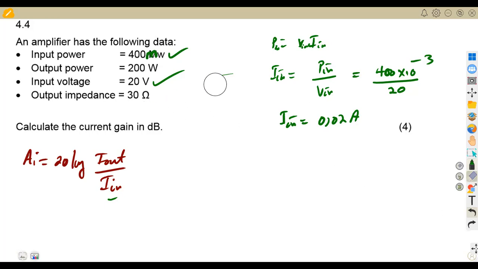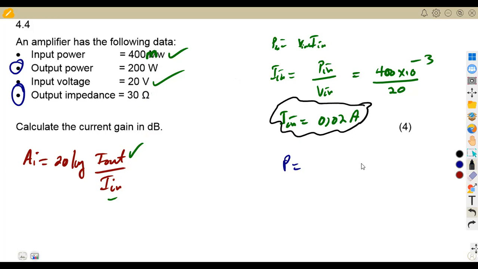In this case, we also need the current at the output. At the output we are given the power and the impedance. So remember, from impedance and power, in order to obtain current, power is equal to the current squared times impedance, that is, P out equals I squared times Z out. Divide by Z out on both sides: P out over Z out is equal to I squared.